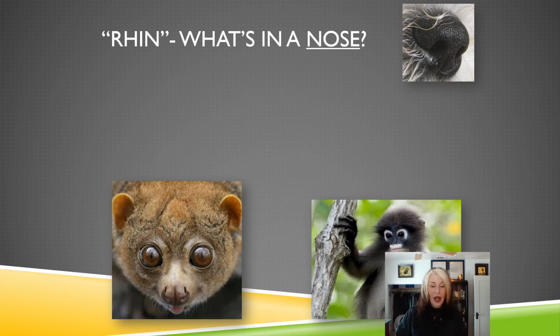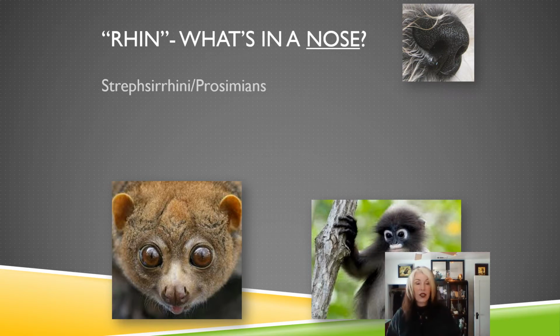So let's look at the older to evolve group, the Strepsirhines. And again, except for tarsiers, every species within prosimians, and this means early simians, right? Early primates, also have a type of nose anatomy that's called strepsirhine.